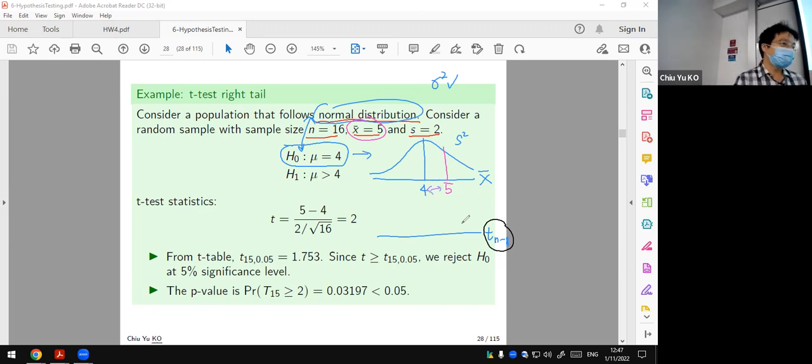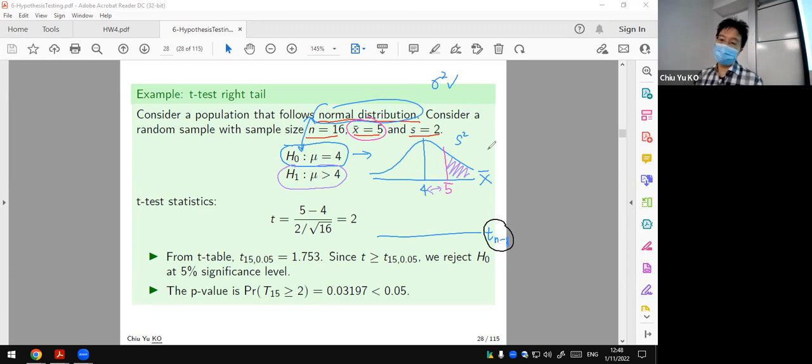Because I want to see if the data support mu equal to 4, and we will consider not 4 if it's sufficiently big, because that's how I write the alternative. If this is big enough, then I would say 4 is very unlikely.